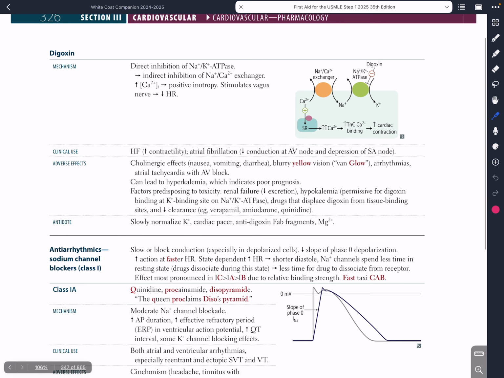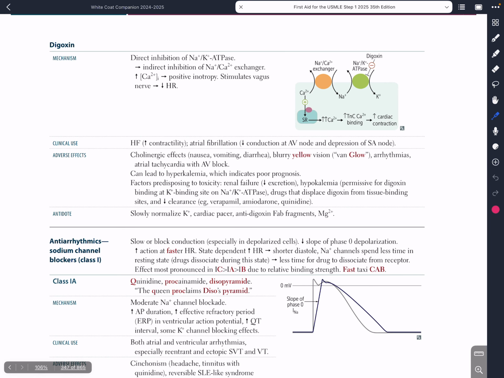Next cardiovascular drug is digoxin. Digoxin's mechanism is that it directly inhibits sodium potassium ATPase. This causes indirect inhibition of the sodium calcium exchanger, causing increased positive inotropy by increasing calcium intracellularly. This also stimulates the vagus nerve, eventually lowering heart rate.